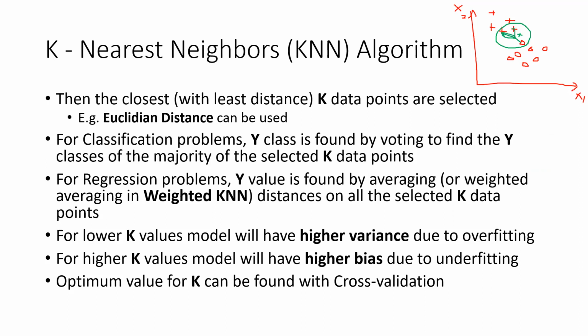So in order to find the regression value, you can take the distance with this one, and this one, and take the average of all these 3 values. So you will get a regression value, right?